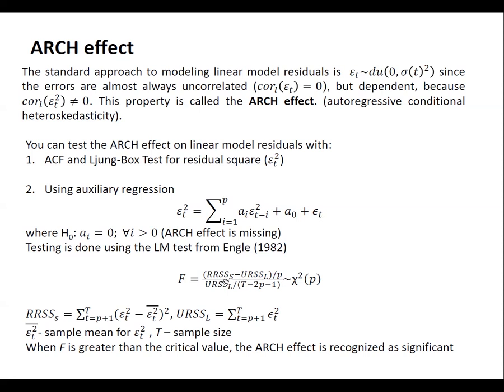RSSR is the sum of squared residuals of the restricted model, or in other words, the short model. Here the sample mean for epsilon squared is used as the short model. And URSS is our unrestricted sum of squares, or the unconstrained model, in other words, the long model.